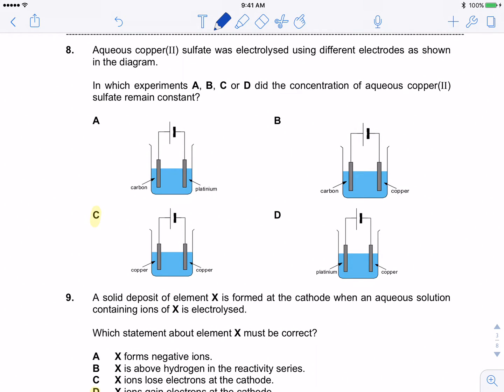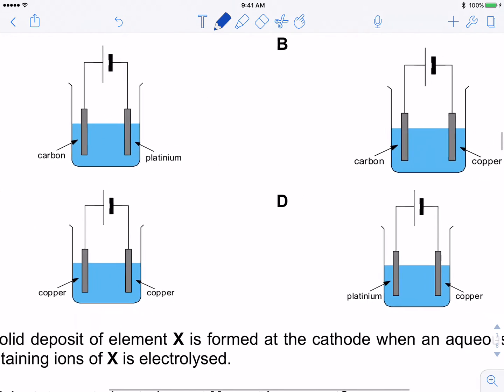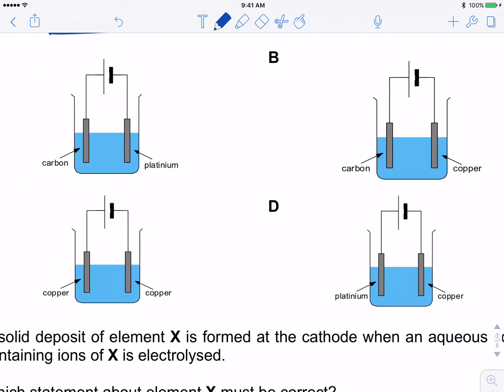Question 8. Aqueous copper 2 sulfate was electrolysed using different electrodes as shown in the diagram. In which experiment did the concentration of aqueous copper 2 sulfate remain constant? Again, when we want the concentration to remain constant, what goes in must come out. If you look at the options, here we have carbon and platinum, inert electrodes.